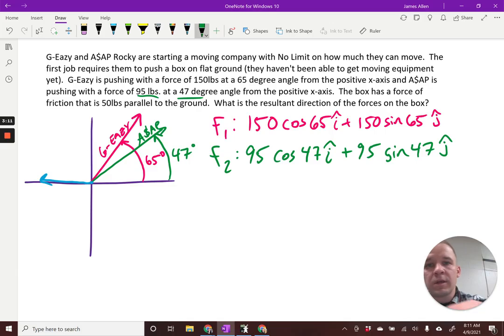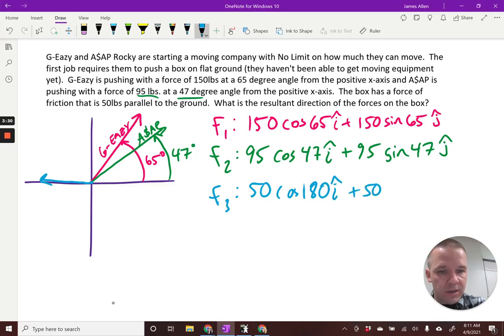So there's force 2. Now force 3, that's our friction, the friction of the ground. We said that was 180 degrees, and that's a 50-pound force of friction. So 50 cosine of 180 i hat plus 50 sine of 180 j hat.